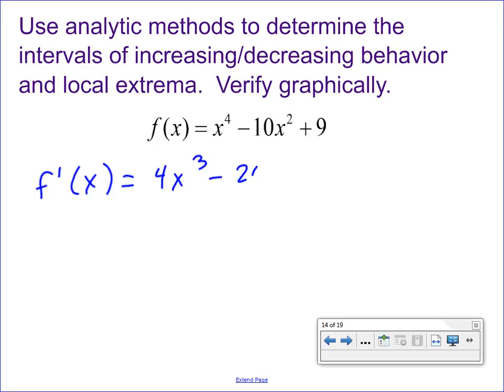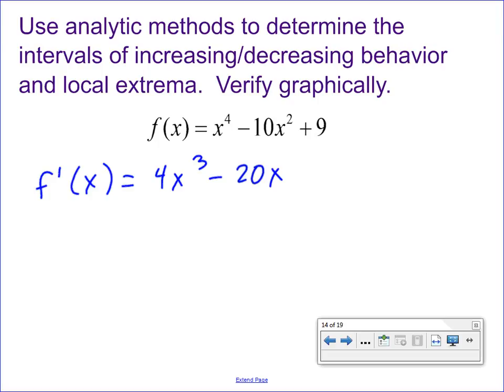Minus 20x. Good. Now what do we need from f prime? Well, if we're determining intervals of increasing and decreasing, I must point out that when y prime is positive, y is increasing.